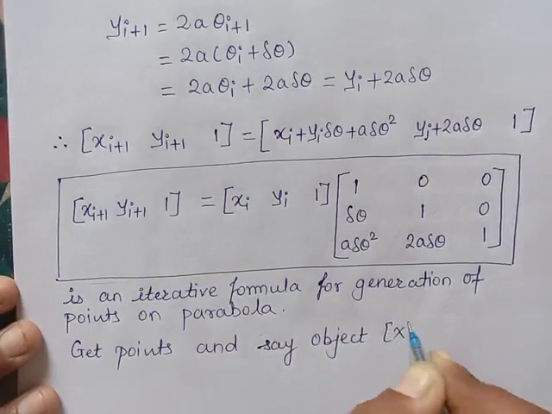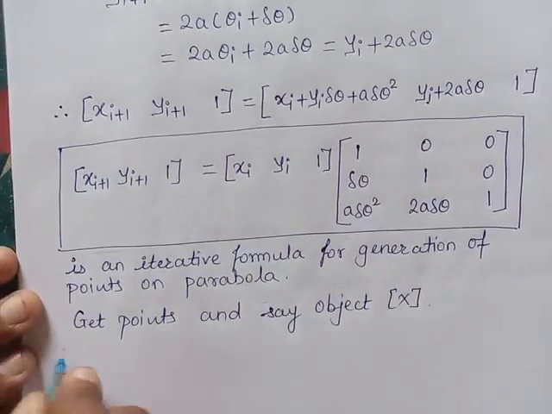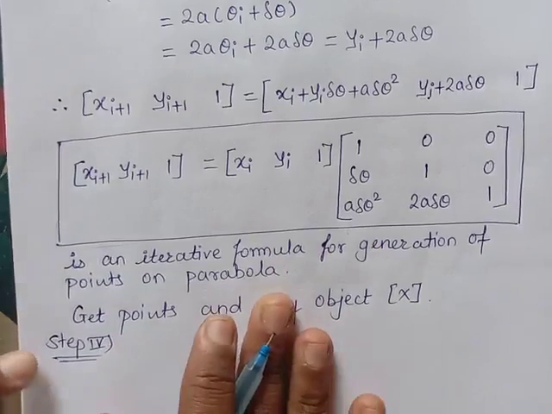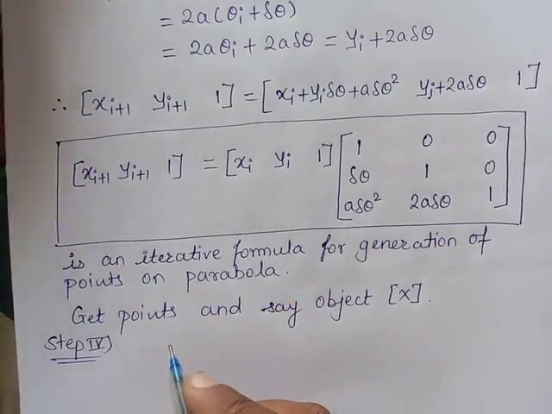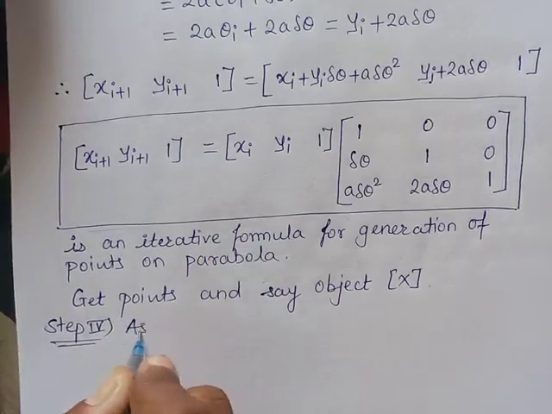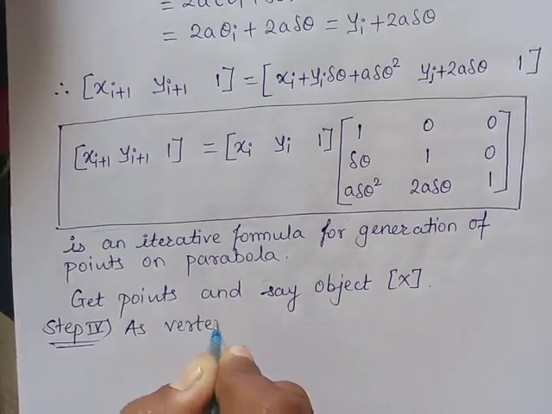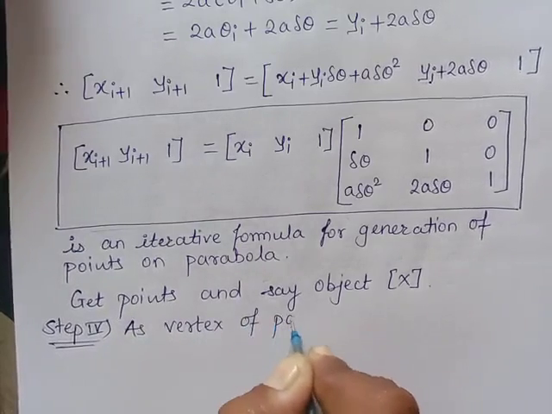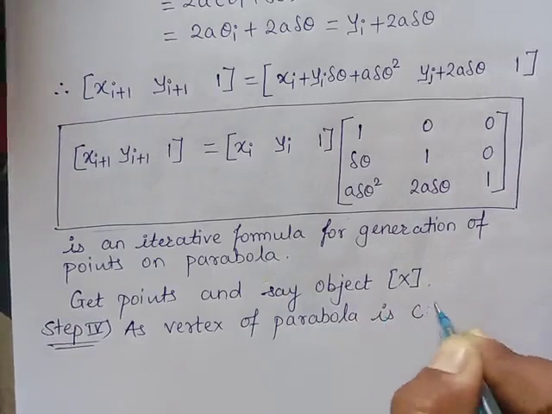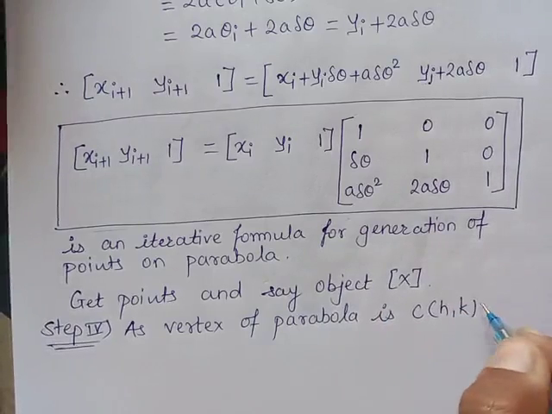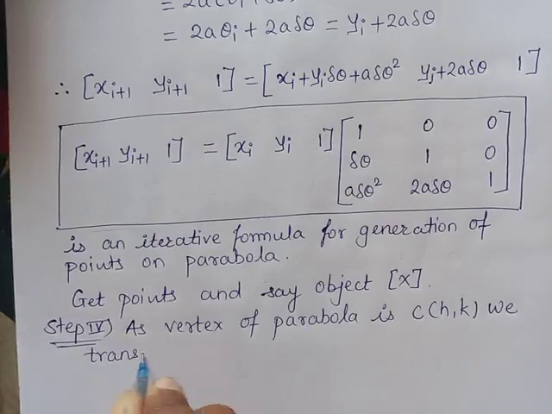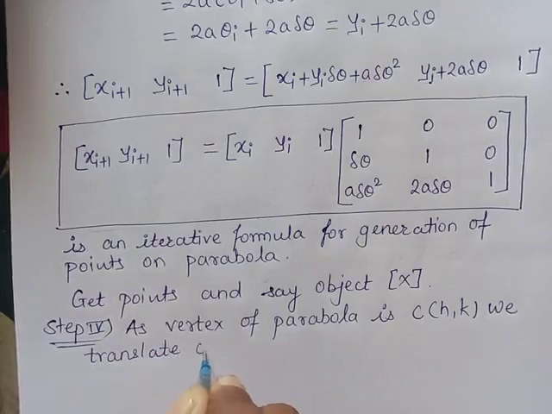X is a position vector matrix, we can say. Now step 4 of this algorithm says: as the vertex of a parabola is at h comma k, that is, the vertex is other than the origin, we need to translate the object.